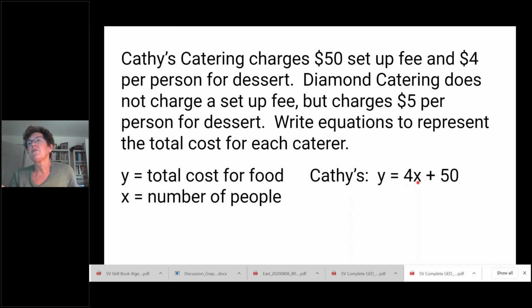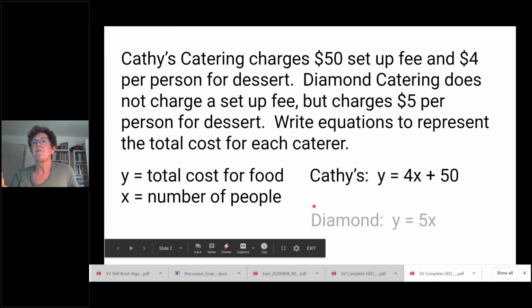And if you remember the slope-intercept form, it's y equals mx plus b. I could have written this as 50 plus 4x, but I'm in the habit of always writing it in y equals mx plus b, slope plus my intercept. So that's why I've written it this way.